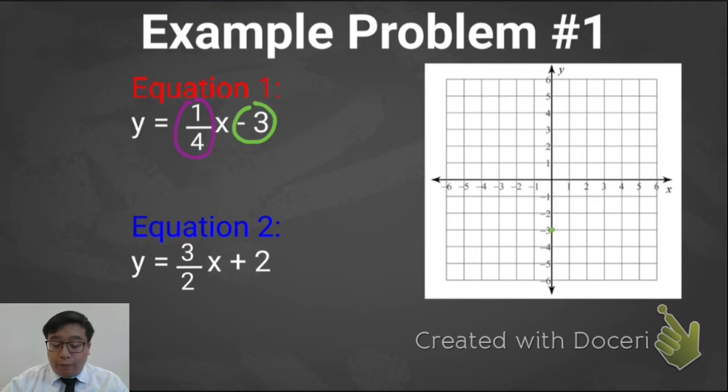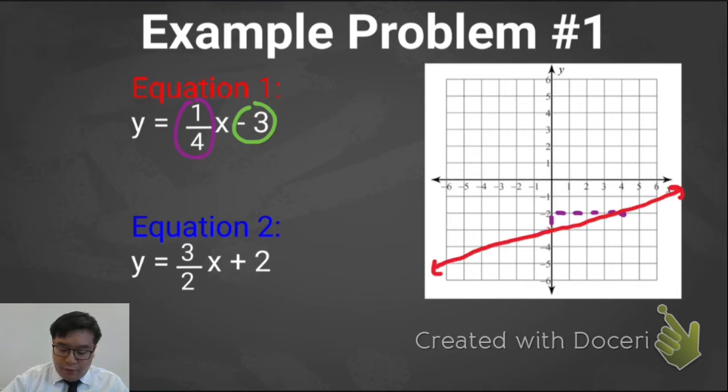Since my slope is 1 over 4, I'm going to rise up 1 spot and then move to the right 4. 1, 2, 3, 4. So my next point is going to be right here. Connecting those two points, I can make equation 1.